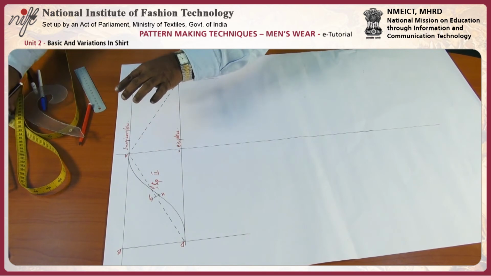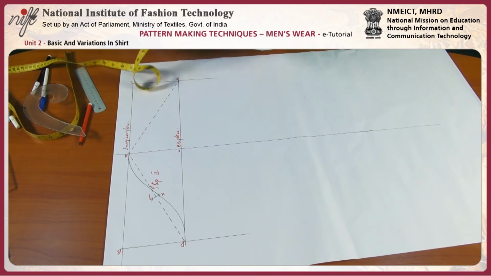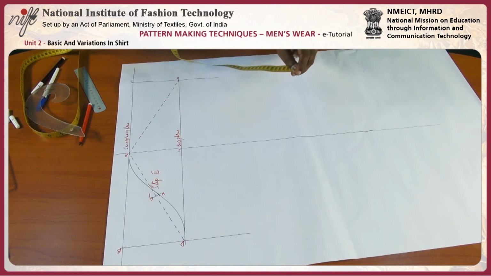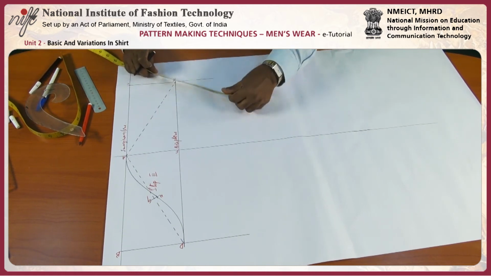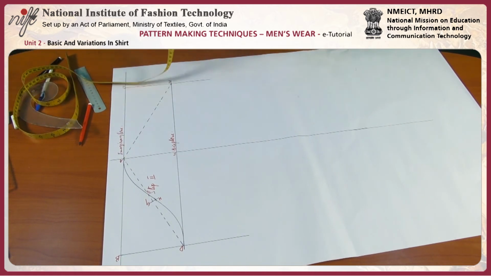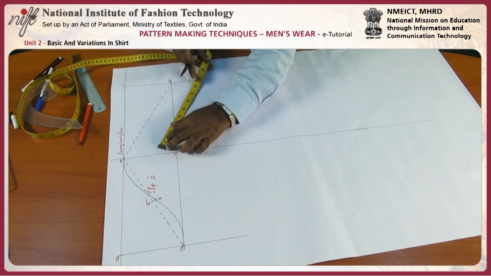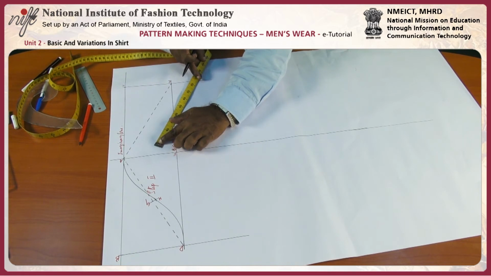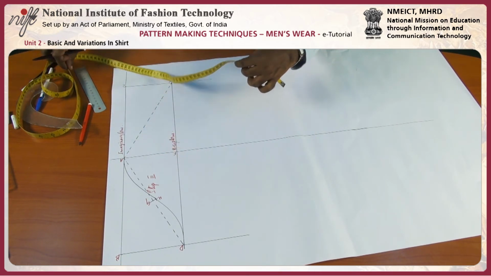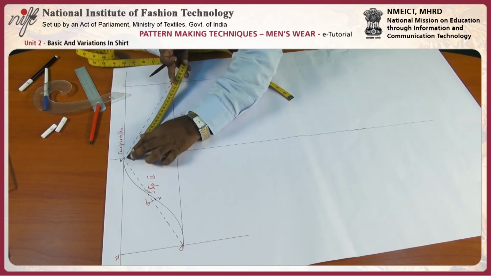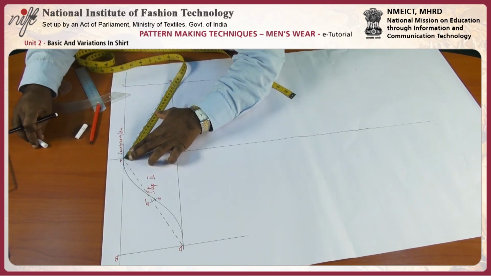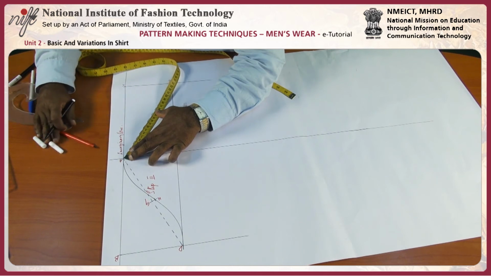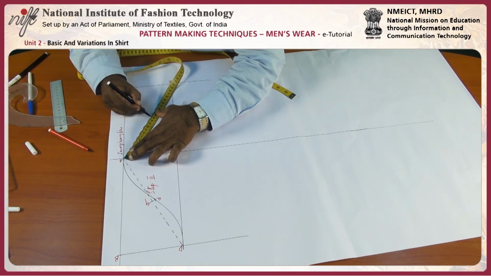Then mark AI equal to AG, and mark IJ facing the imaginary line. This will be same as AG, that is 12.8.